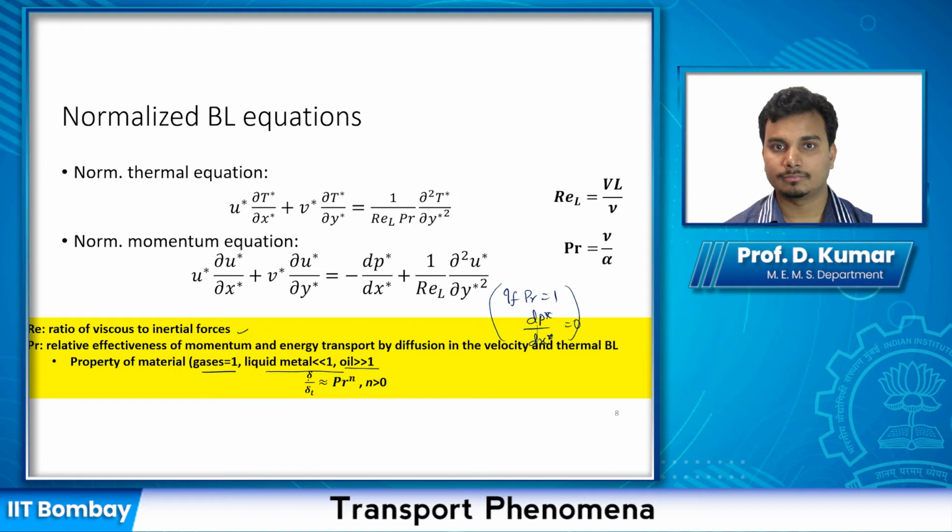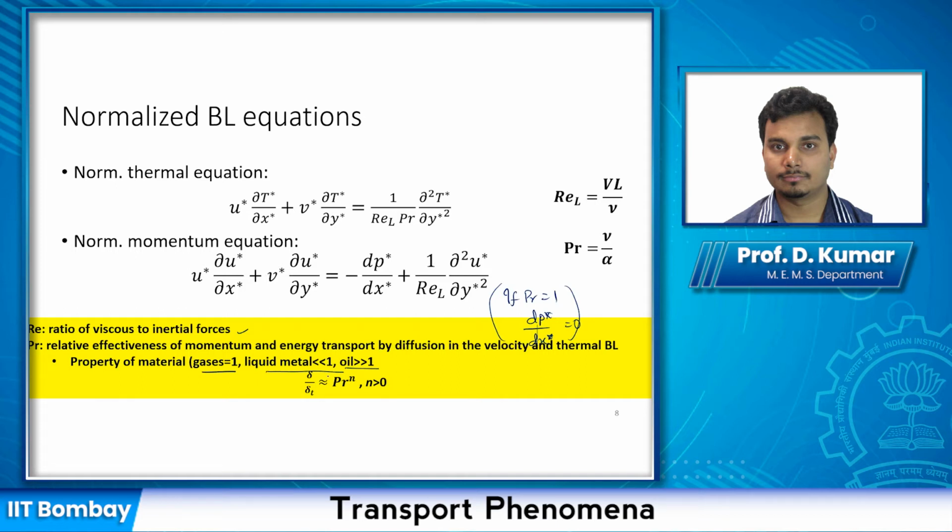And as we have discussed, this relative effectiveness of momentum and energy transport will affect your boundary layer thickness. So delta by delta t, for laminar flow, is approximately equal to Prandtl raised to n, where n is a positive number.